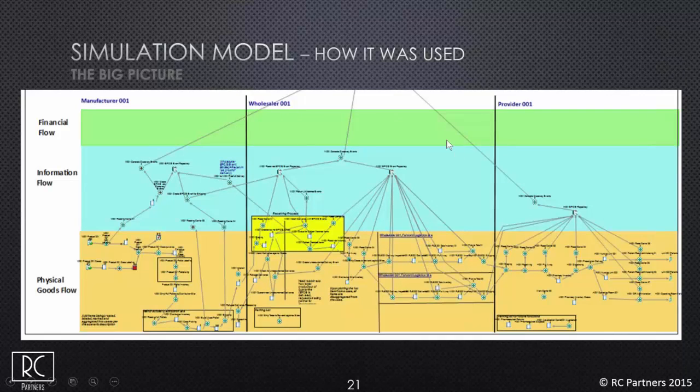The one area that we're not showing in this particular simulation, but we've used the simulation with particular trading partners to understand this, is that green band. And so just like the blue band, the green band would represent finance or cash flow. Any of those processes down below in that brown band can generate information.